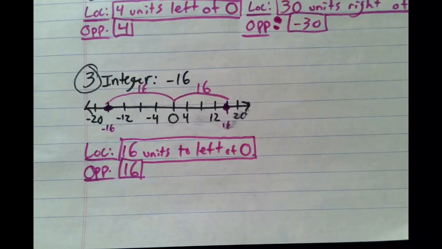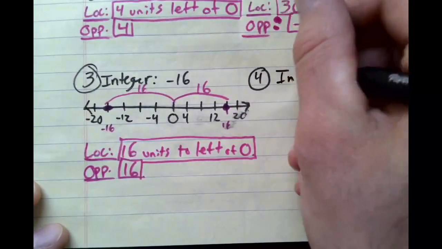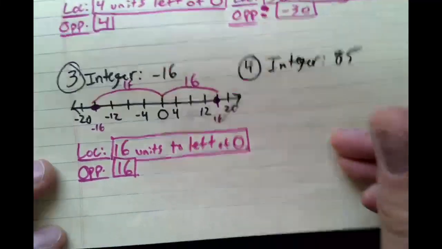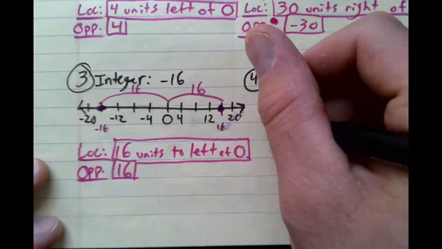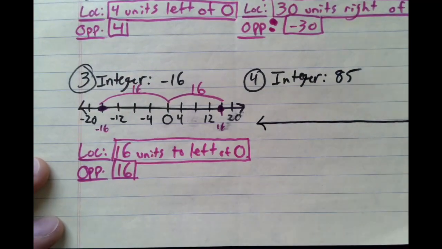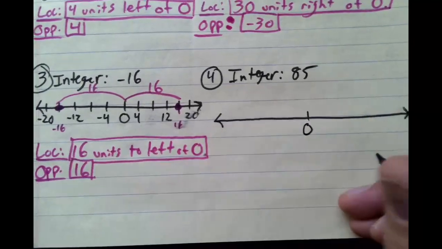Let's try one more. Your integer is going to be 85. Okay? Go ahead and draw your number line. Keep it as straight as possible on that piece of paper. And that center point will be 0.